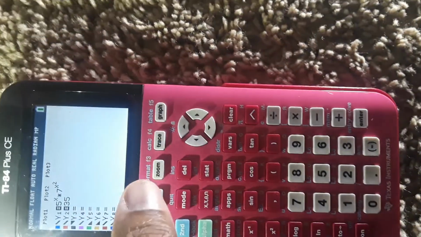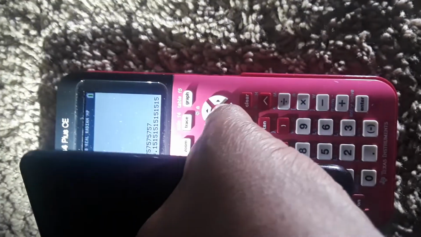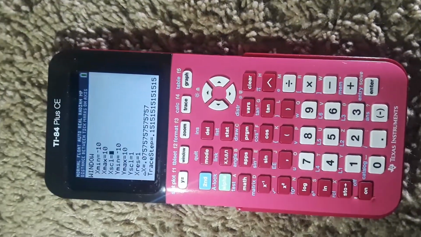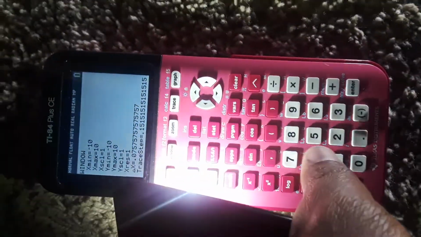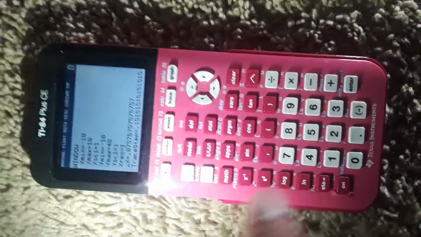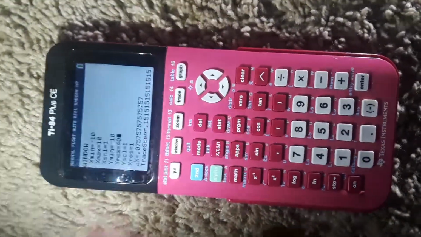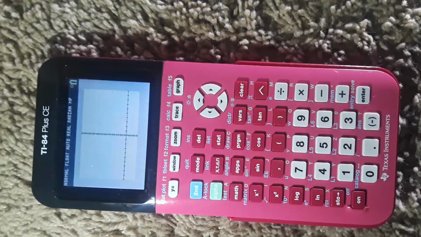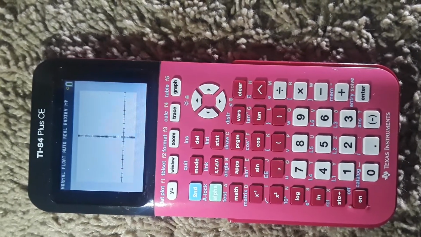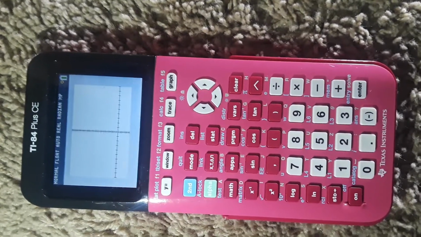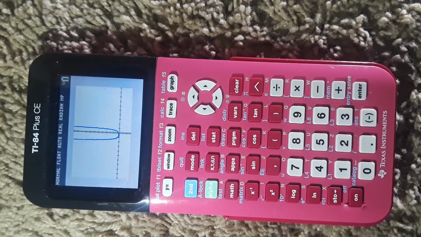So let's hit the window button and change the y max to 40, and then we can graph it. Now we just have to wait for the graph to appear.